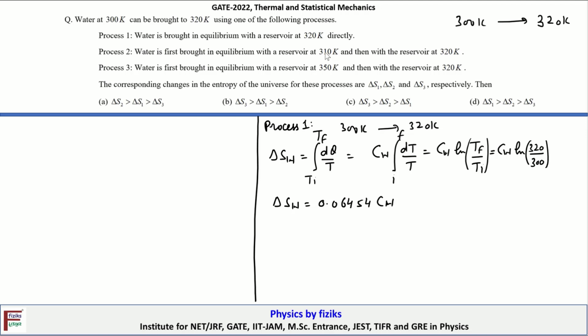Now let's try to evaluate the entropy change of the reservoir, because it's a single reservoir. So delta S reservoir is equal to, because during this process the reservoir is losing heat to the water, we'll place a negative sign in front of dq. It's losing heat to the water, divided by the temperature of the reservoir at which it is losing that heat. How much heat it has lost is equal to the heat gained by the water, that is Cw delta T divided by the temperature of the reservoir.